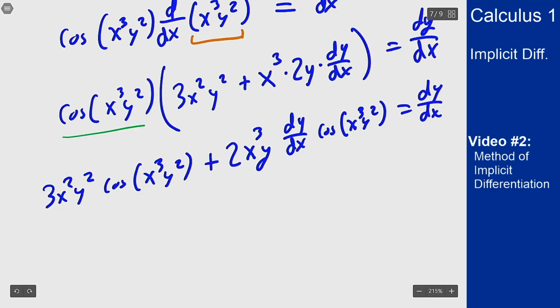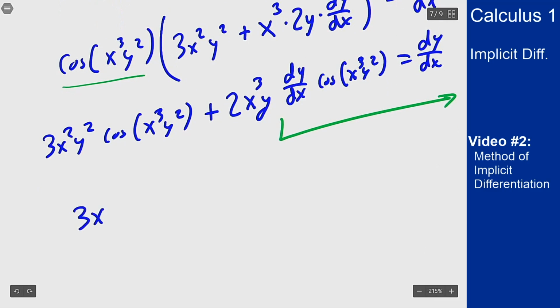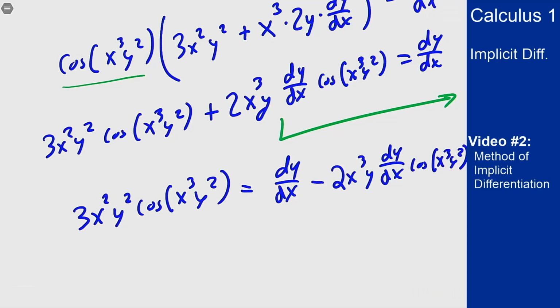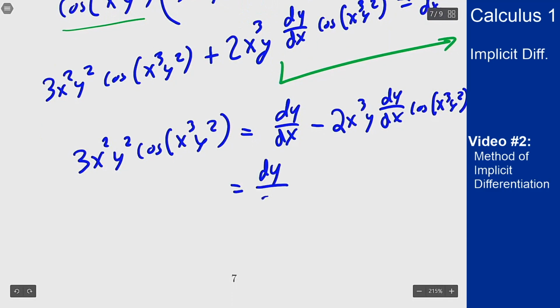I can move this term to the other side to give me 3x squared y squared cosine of x cubed y squared equals dy/dx minus 2x cubed y dy/dx cosine of x cubed y squared. I can then factor the dy/dx on the right: dy/dx times 1 minus 2x cubed y cosine of x cubed y squared.